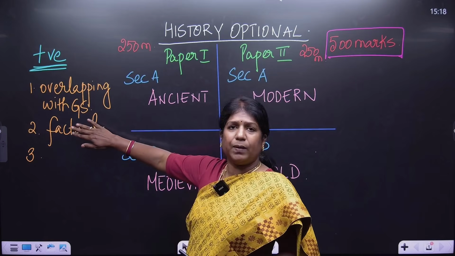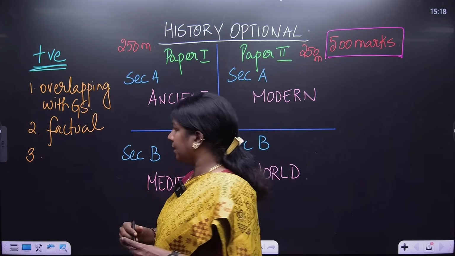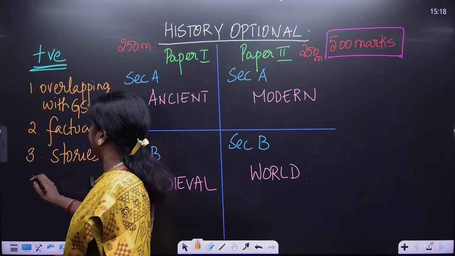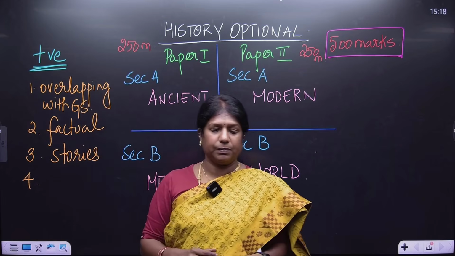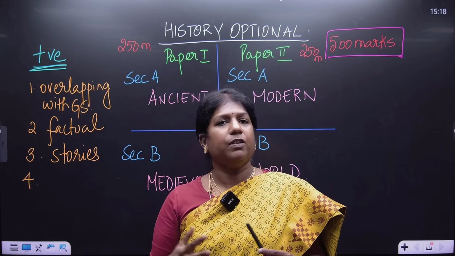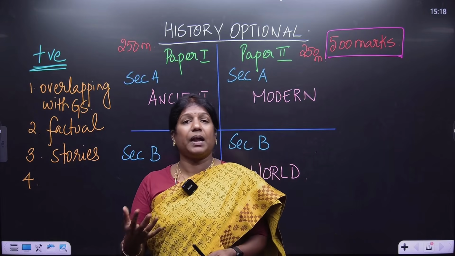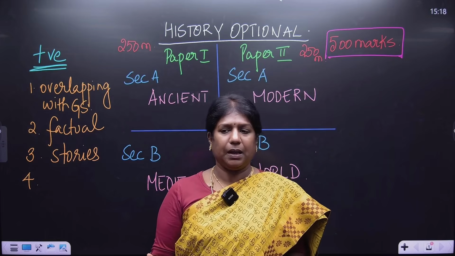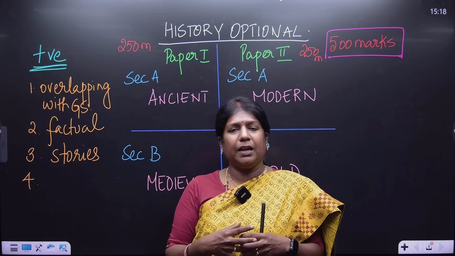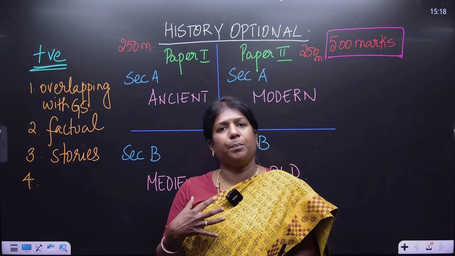And again, this factual part, I'm trying to link it with overlapping with GS. This is a subject which is filled with plenty of stories. Who doesn't like stories? I think we all have grown up hearing stories. But these stories, we don't write in the answer sheet. These stories help you connect the paper so you can write your answer. And stories are always retention based.